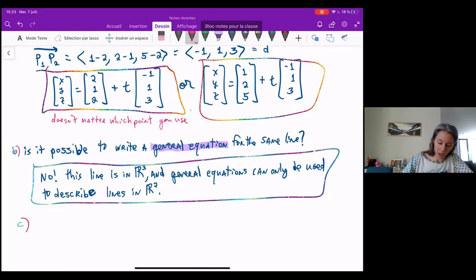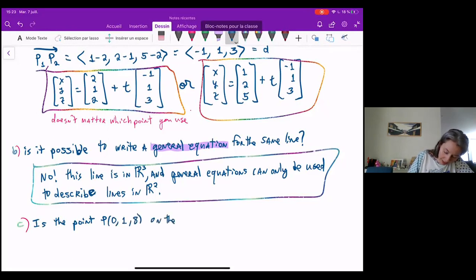So the next question is, is the point P(0, 1, 8) on the line? And the answer is, if there is some t value that makes the equation true. So we need to check, is there a t value that when I replace x, y, z with 0, 1, 8, it's true?